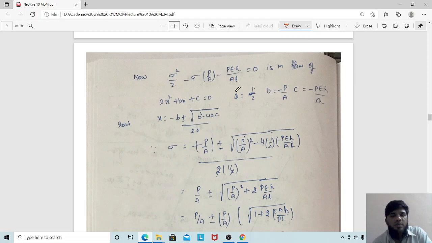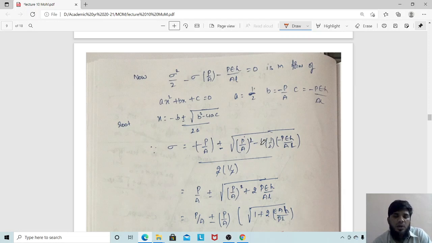Now we already know that for a quadratic equation, the roots are found by x equal to minus b plus or minus under root of b square minus 4ac, divided by 2a. Inserting all these a, b and c values: minus of minus P by A, plus or minus under root of P by A the whole square minus 4 into 1 by 2 into c, which is minus PEH by AL.